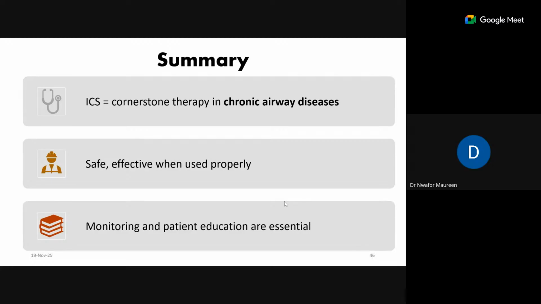It's safe and effective when used properly. Monitoring and patient education are very, very essential because all these agents have their own considerations, monitoring and educational issues that we must let our patients and caregivers know as we give them such medications.